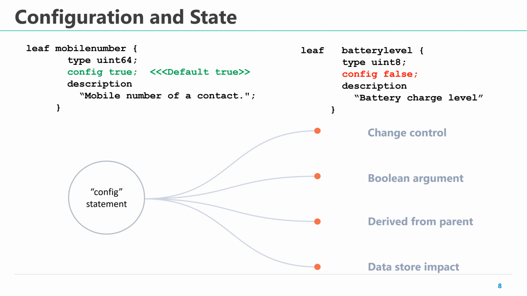Finally, this also determines whether a data node gets into the data store of a device supporting a YANG data model. A data store is nothing but a collection of all the leaves or data nodes for which configuration is true. When a value is set for these data nodes, this is stored in the data store and can be retrieved later for restoration and usage.